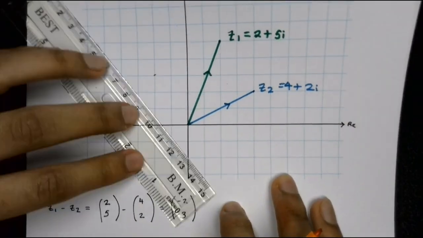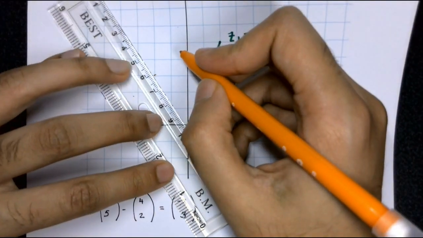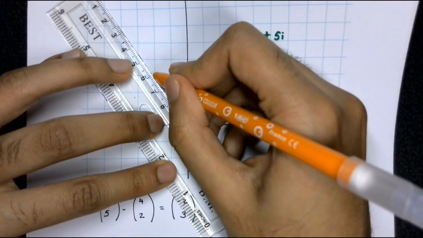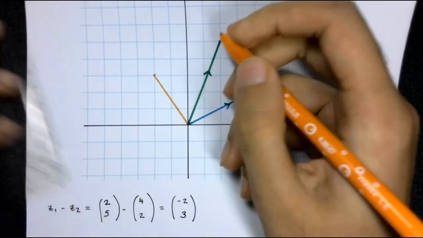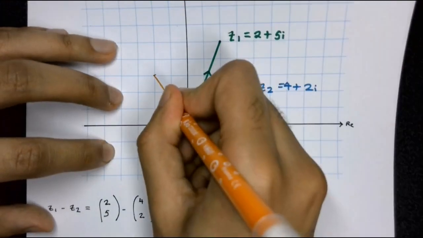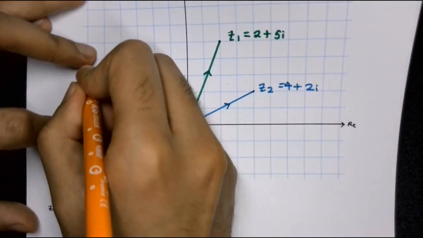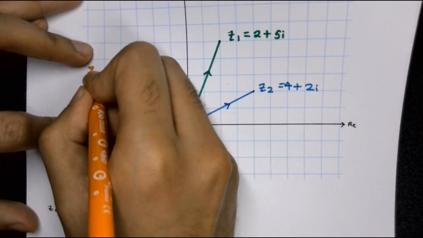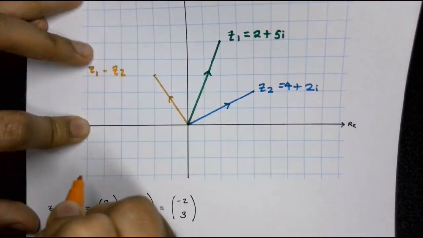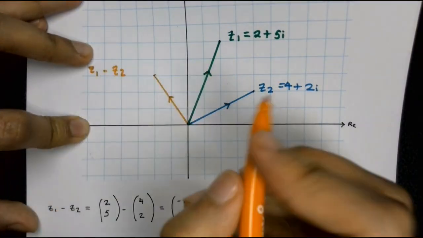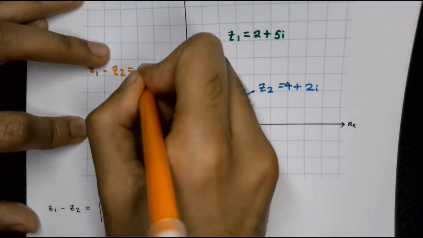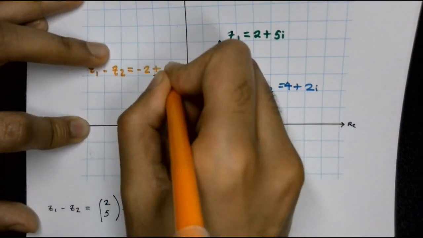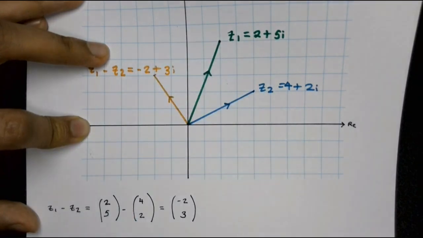Here we have, if we draw this on, z1 minus z2. And just for benefit, we can write this as minus 2 plus 3i.